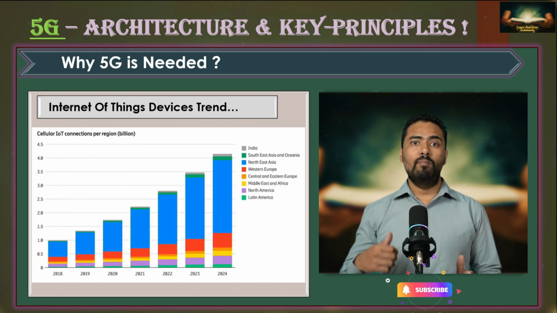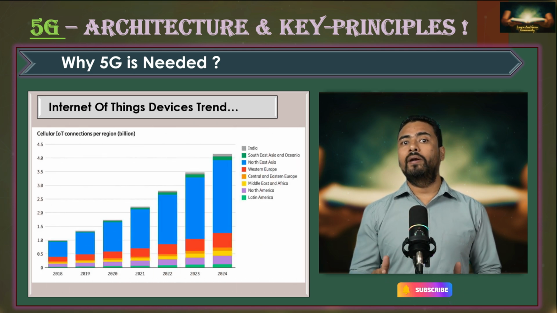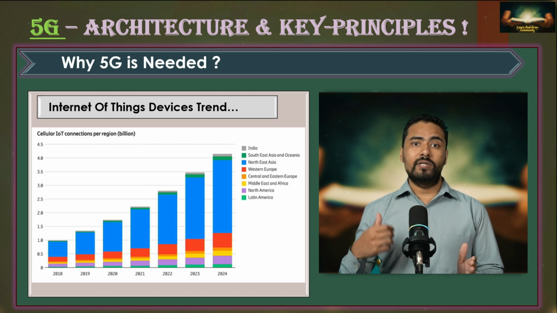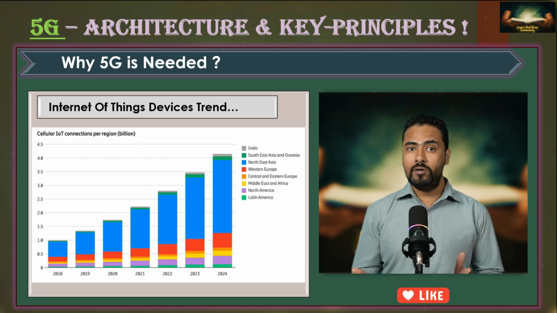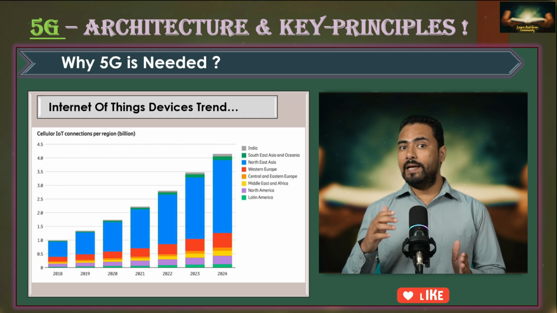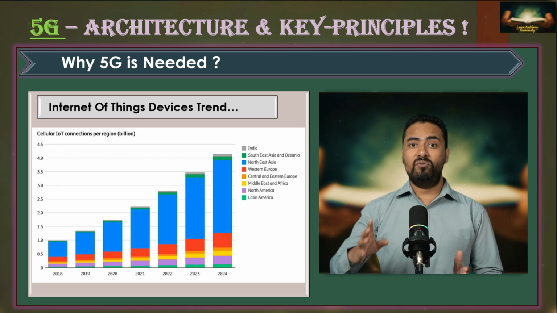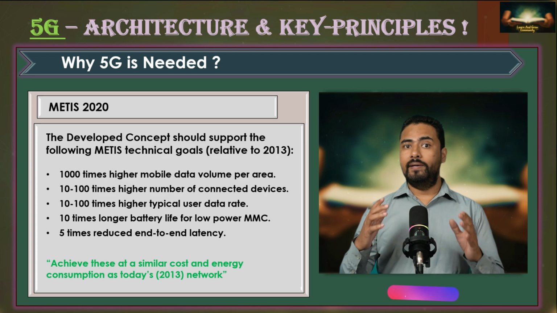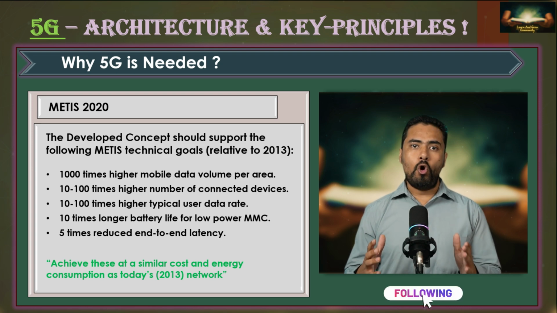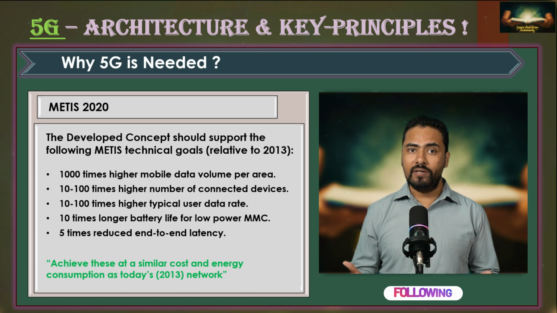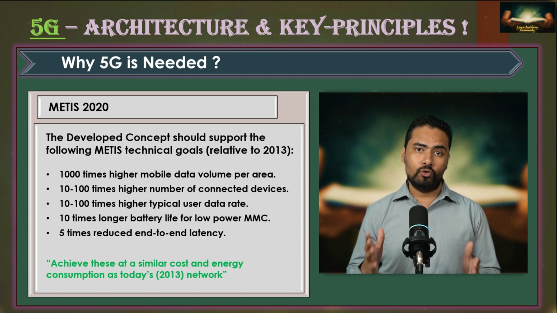Additionally, the number of IoT, or Internet of Things, connections is increasing rapidly. So it's not just people who are connecting to the internet, but machines are also joining. In the upcoming years, the number of connected devices is expected to grow by 4 times from now. To address this huge expected demand, there is a group called the METIS Group, which stands for Mobile and Wireless Communication Enablers for the 2020 Information Society.